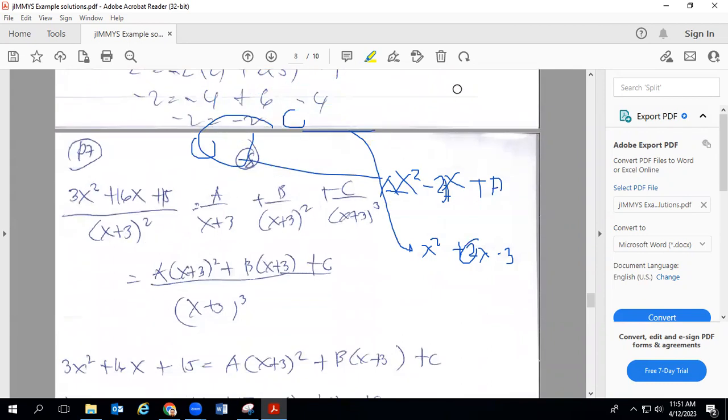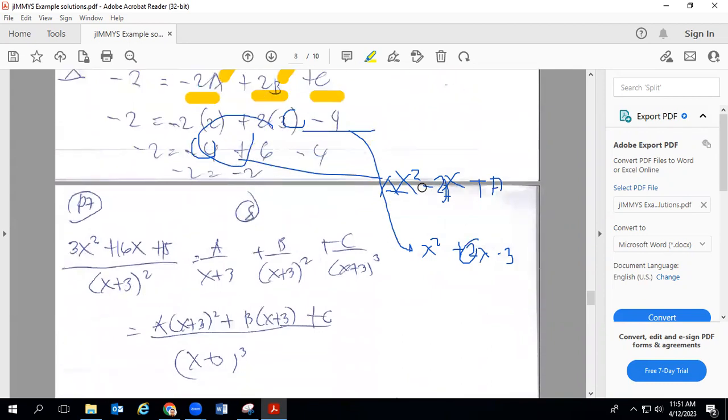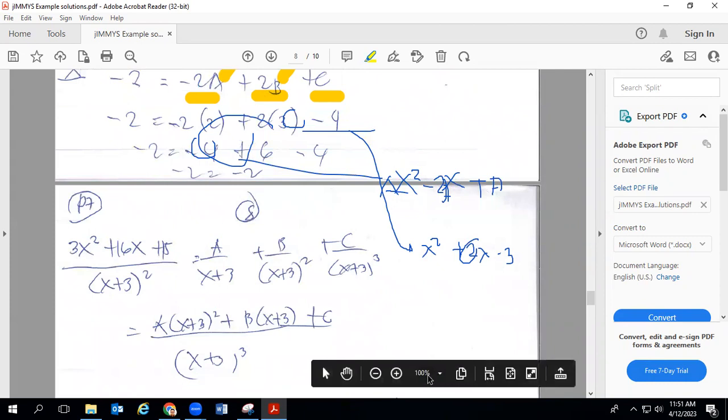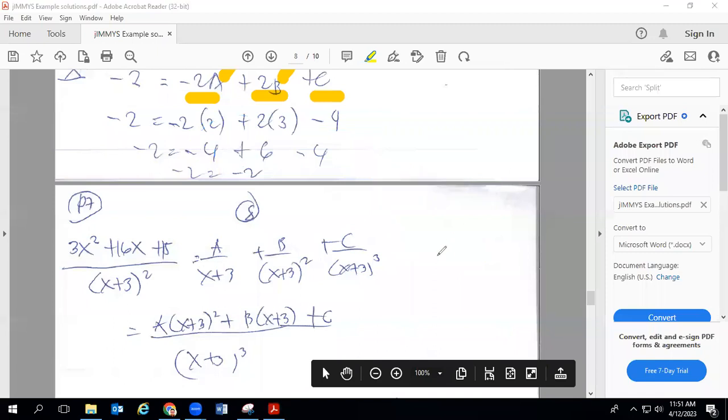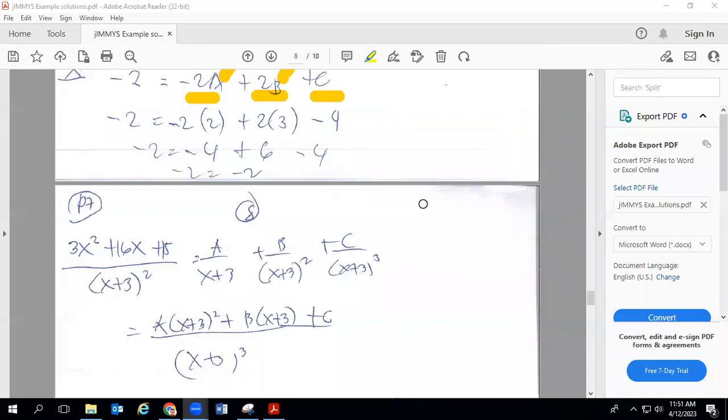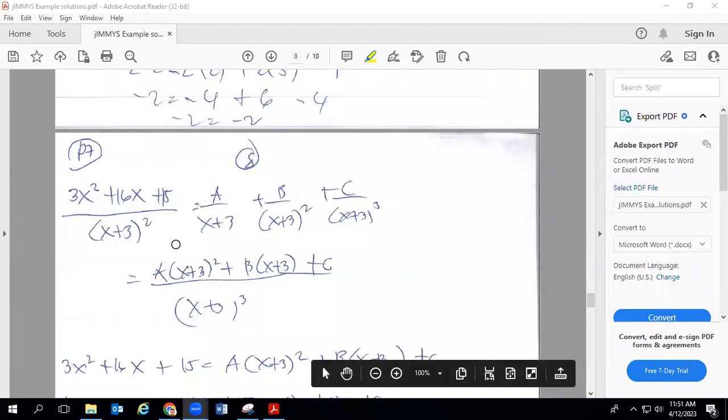This one is again repeated. This one should be 3. Okay, this one should be 3.